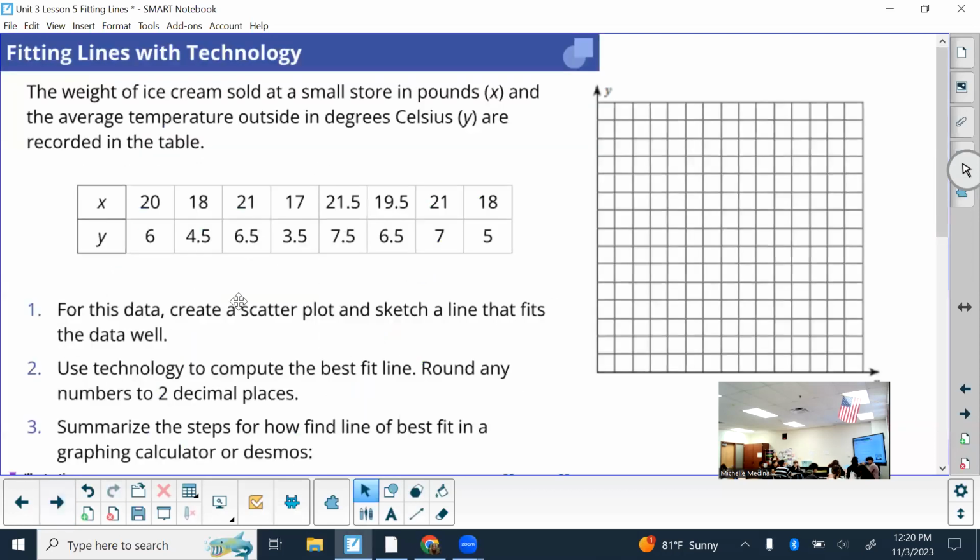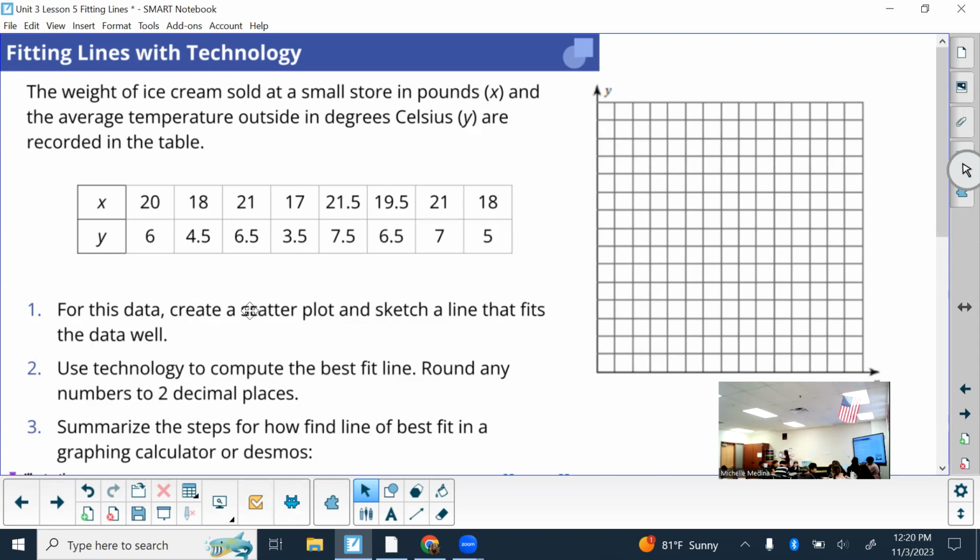So then on to the first activity. And I will say, I wish that they labeled the variables differently, but that's how they gave it to us. Usually when you have a situation, your X is something that's independent and your Y is something that's dependent.